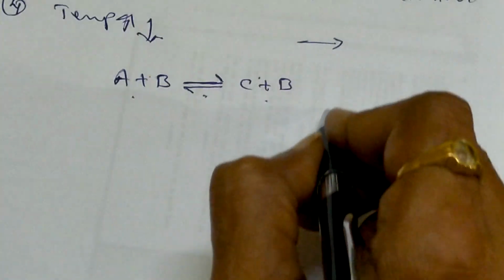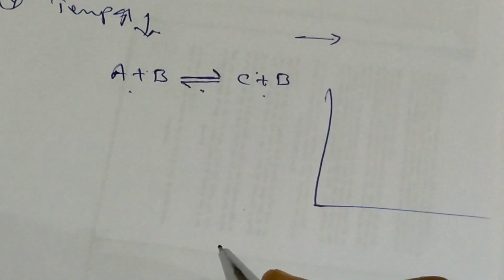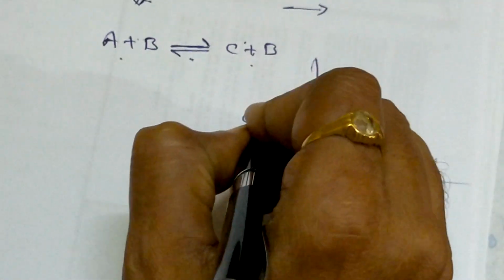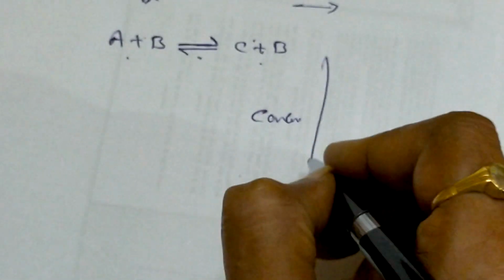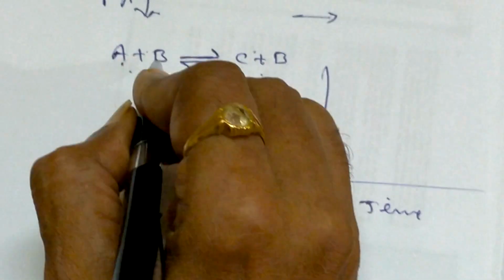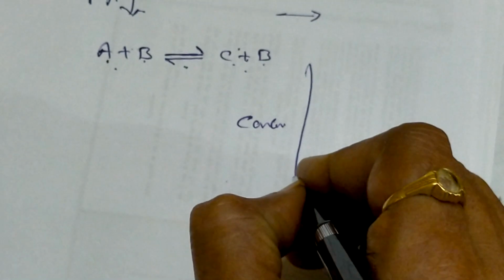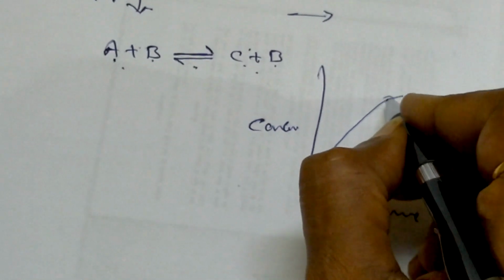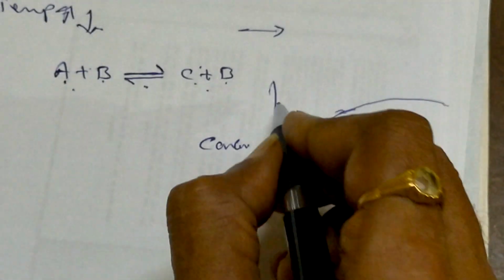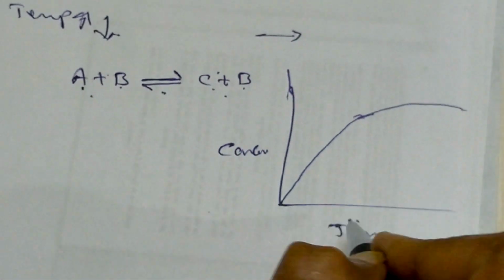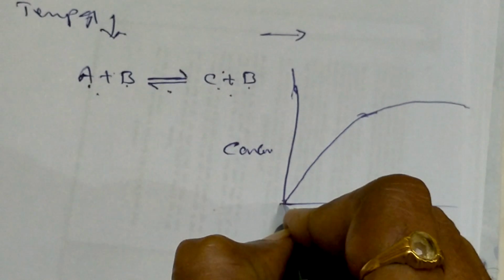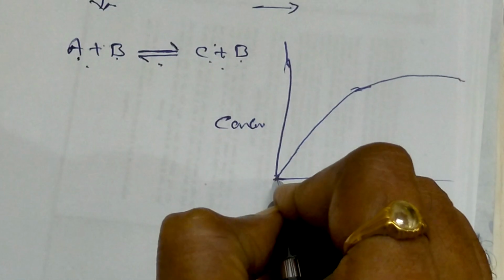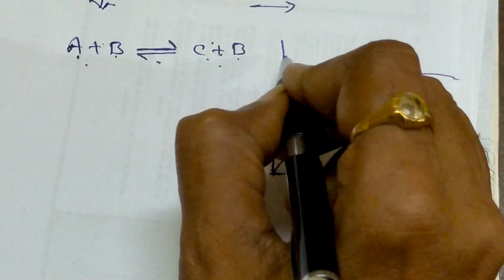If it is to be represented pictorially as time versus the concentrations of A or B or C, initially A and B form C and D. Initially the concentration of the products is 0, and the reactants are high.